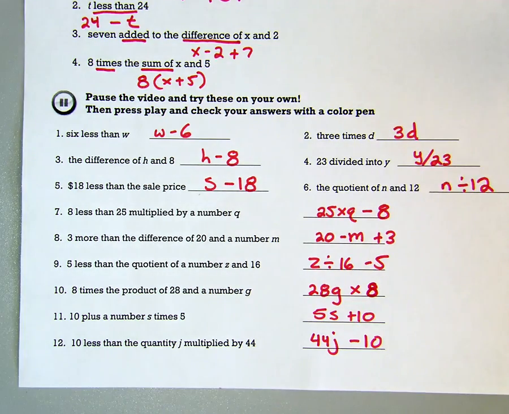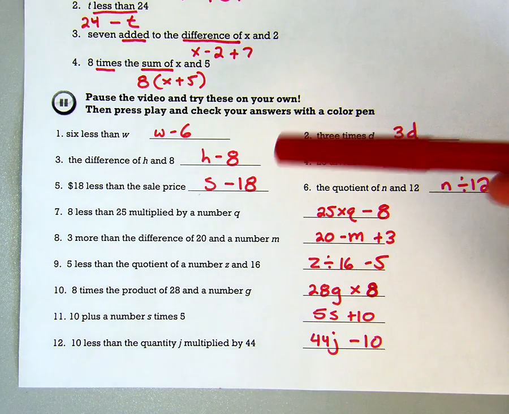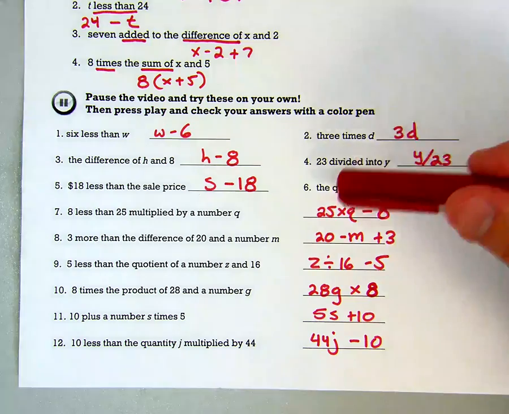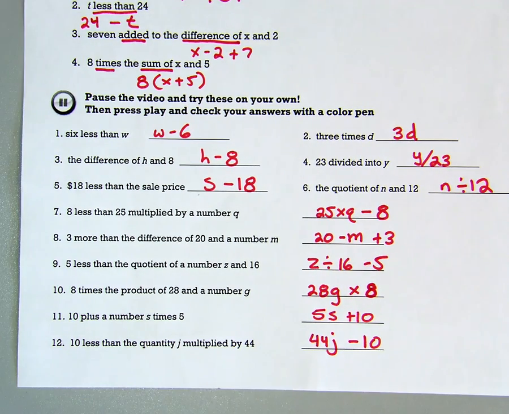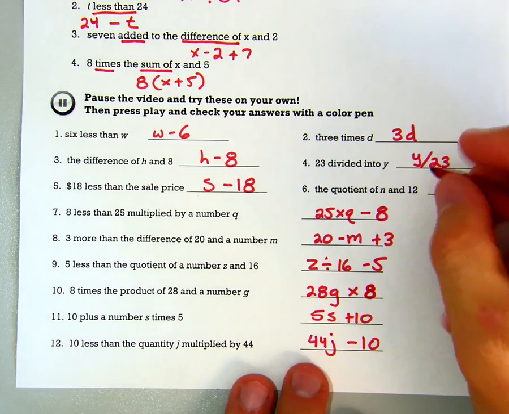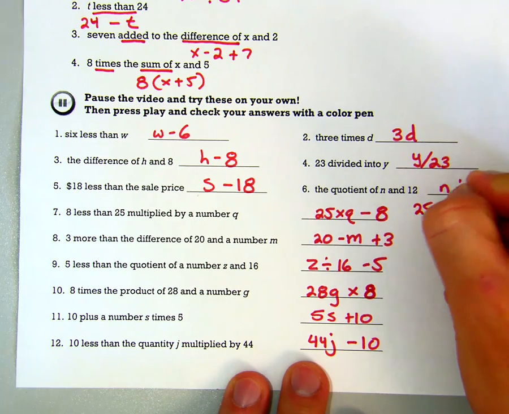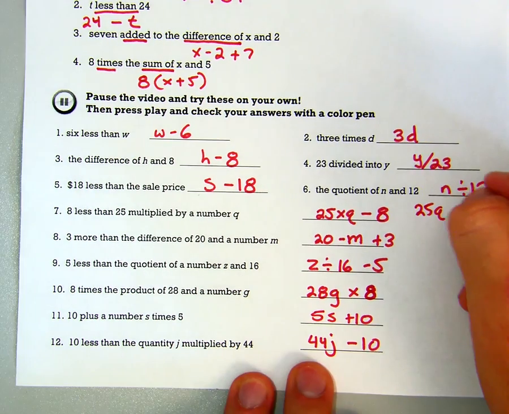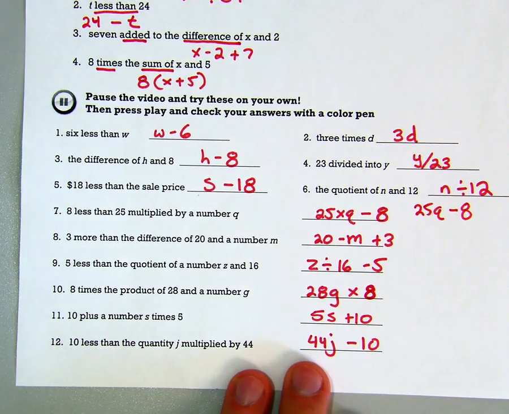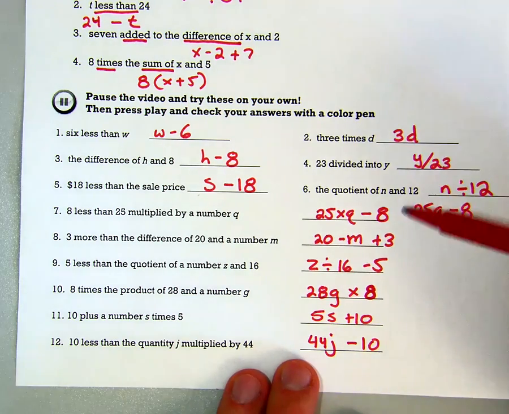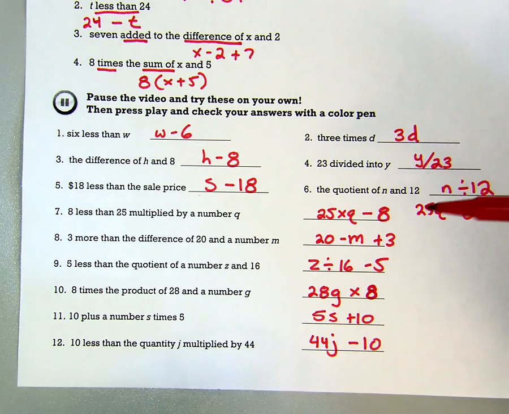Number 7, 8 less than 25 multiplied by a number q. So we're actually going to multiply 25 and q first. Notice how I use the x symbol there. You could probably write it a little better, such as 25q, because that means you're multiplying them together, and then minus 8. Number 8, 3 more than the difference of 20 and a number m.